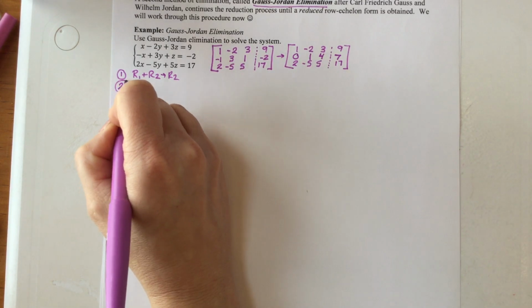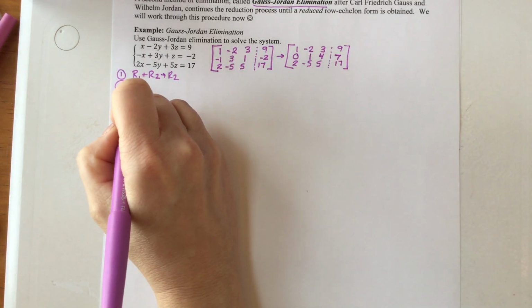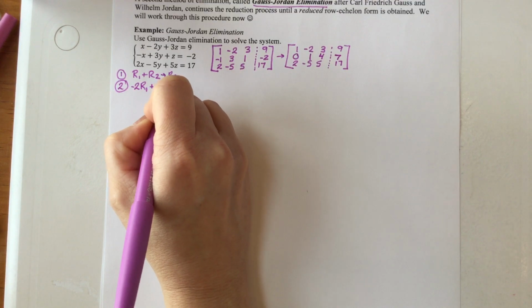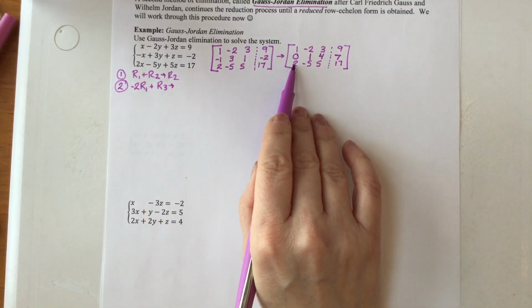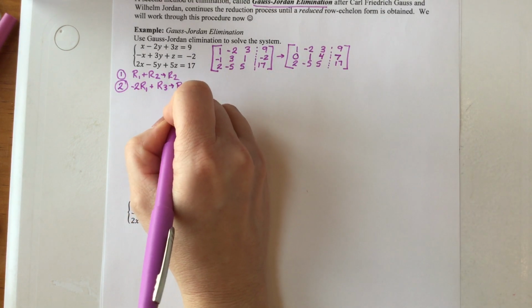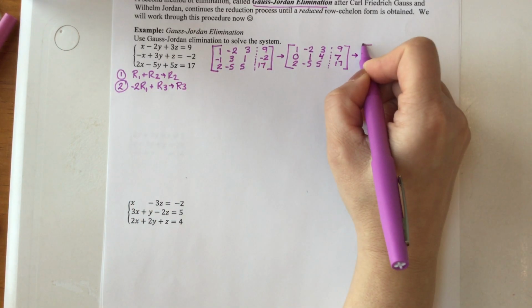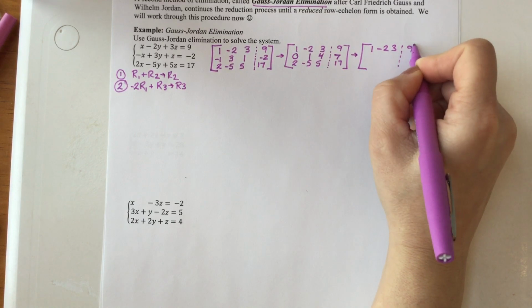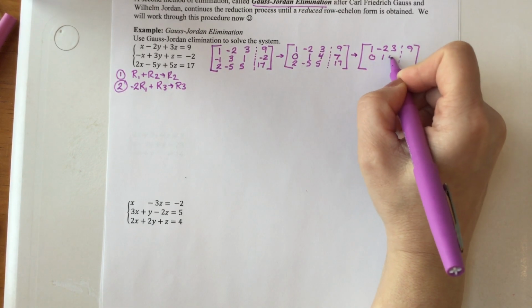So listing out the steps, I am taking -2 times row 1 and adding it to row 3. What will happen is I'll get a 0. I want that 0 in row 3. So I'm keeping row 1 and I am keeping row 2.